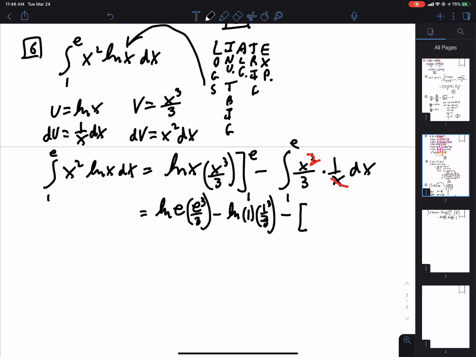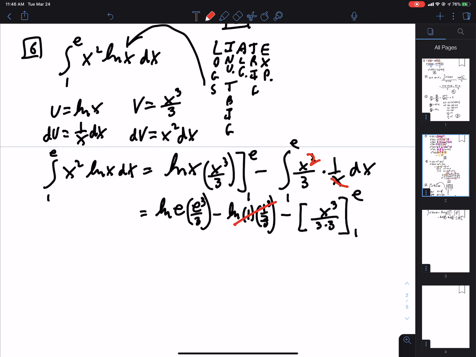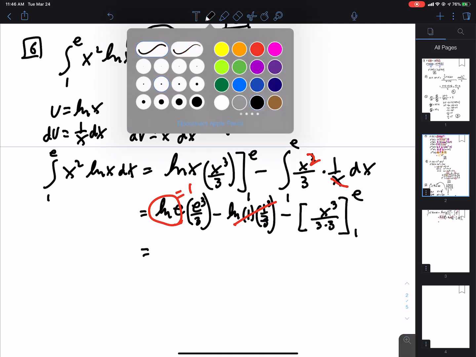So the antiderivative of x squared over 3 becomes x cubed over 3 times 3. And let's keep going. Some nice, beautiful things happen. ln of 1 is 0, so that's gone. ln of e is 1, so that's gone.